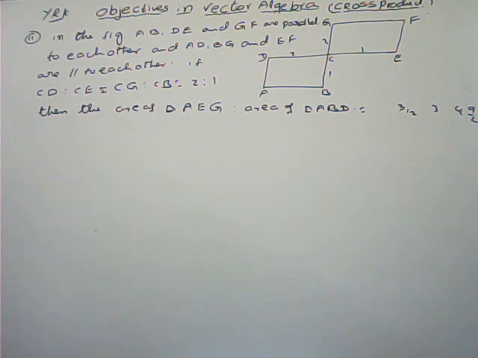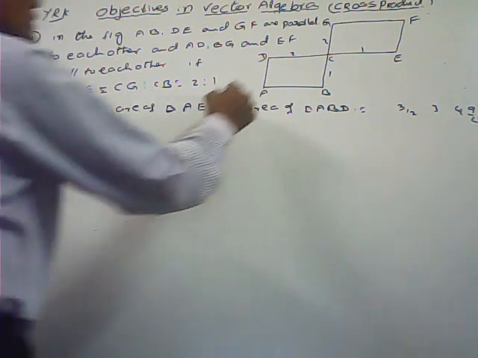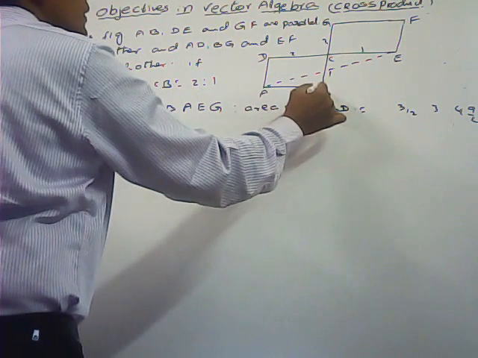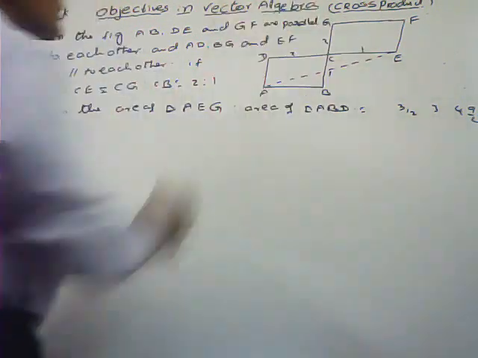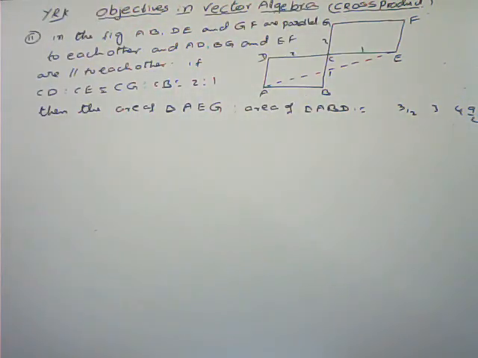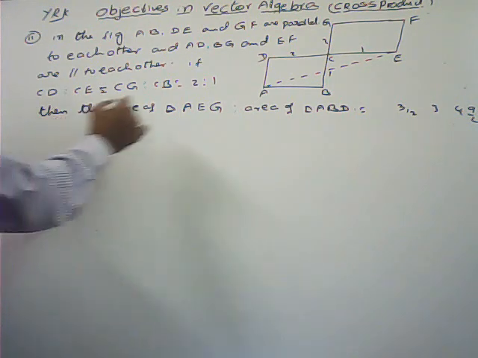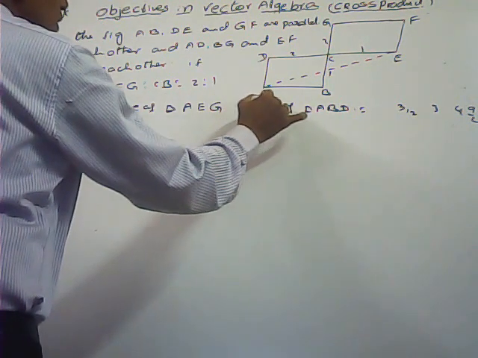Then the area of triangle AEG is to the area of triangle ABD. AE, how to get that one? AB plus BC plus CE. Otherwise, here we can consider A as the origin only.